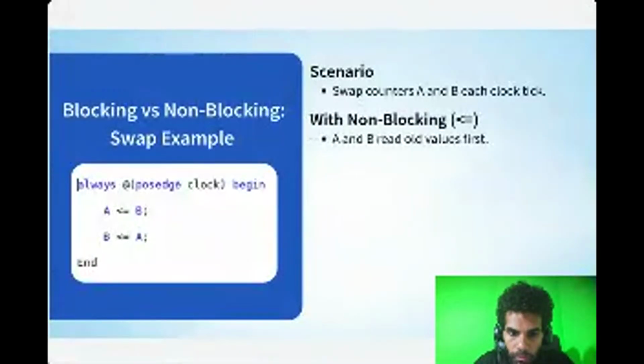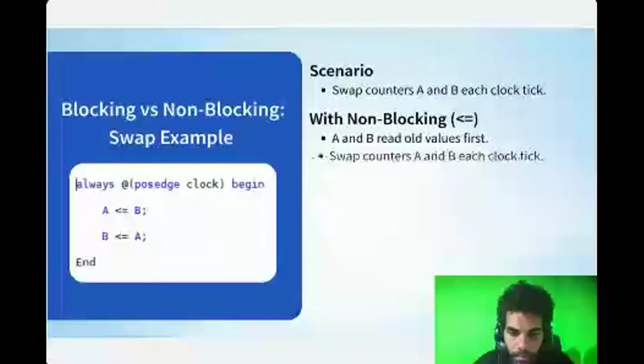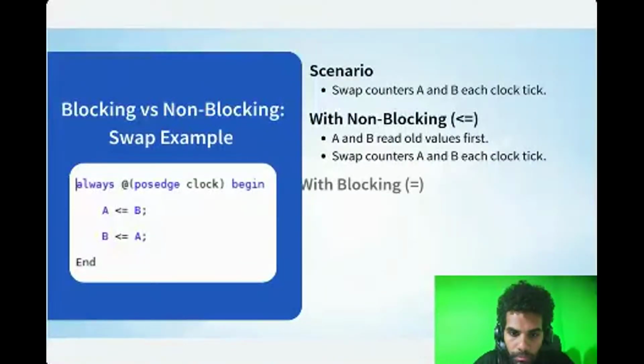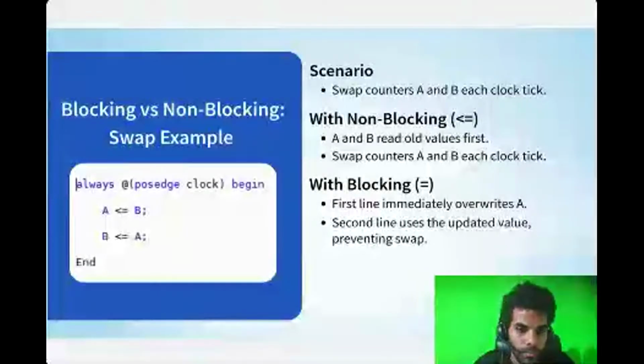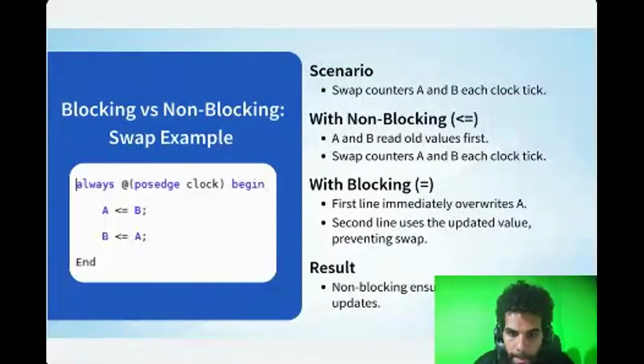Both values are read first, then swapped at the same time, just like two real flip-flops. But if you use blocking assignments, the first line will immediately overwrite A, and the second line will use that new value, meaning the swap never actually happens.